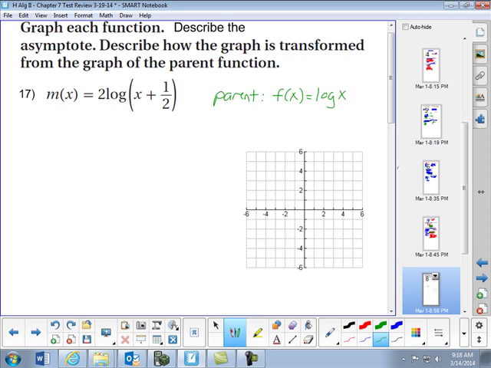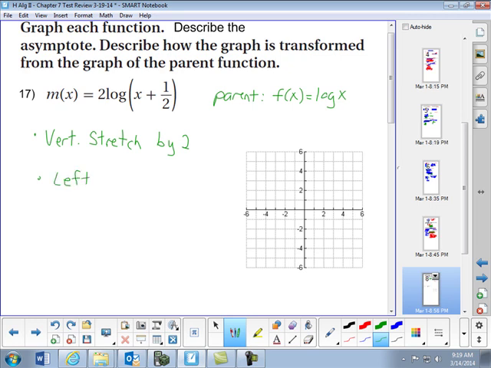And let's see what happens. Well, we have a 2 on the outside. So remember, if everything is being multiplied by 2, we have a vertical stretch by 2. Okay? And then we also know if we have plus 1/2 in here, this is being shifted. Remember, plus is opposite of what you think.